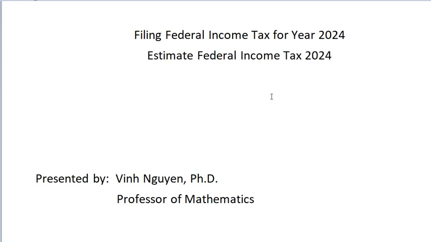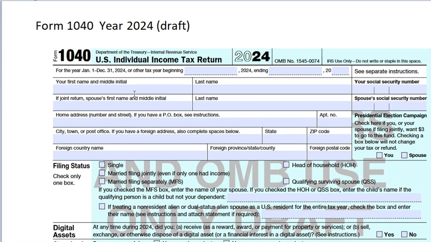The focus of this video will be on how to estimate federal income tax for year 2024. At this time, we don't have the tax forms for 2024 yet. But right now, what we do have is the Form 1040 for year 2024, and this is only a draft.